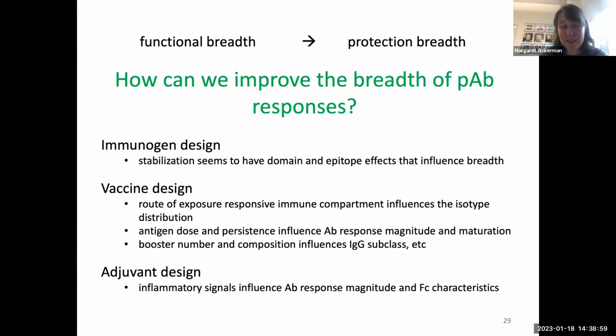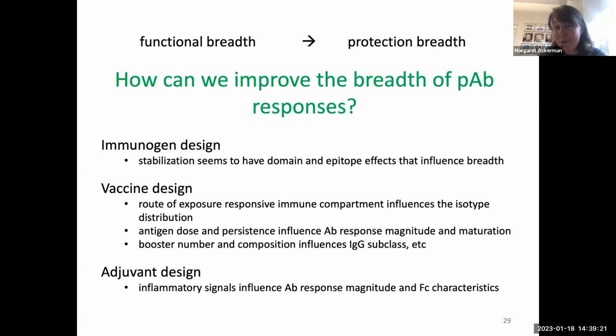Similarly, the adjuvant or the natural adjuvanting capacity of the vaccine delivery or the pathogen itself will elicit different inflammatory signals that are also thought to be part of what plays a role in influencing or driving the antibody response magnitude and Fc characteristics.